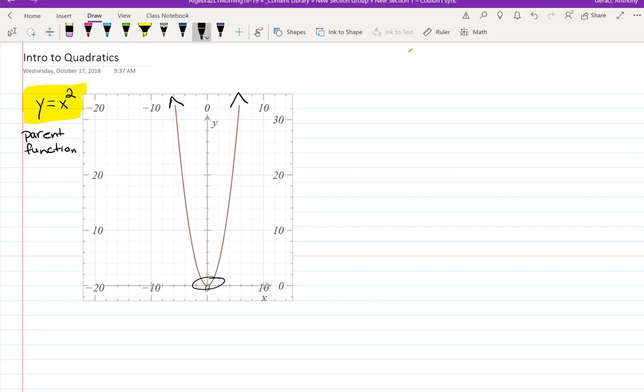Okay. First thing we're going to go over is the shifts of this graph. It is extremely similar to our absolute values that we did last unit. So our absolute value would look like this, where this was the vertical stretch.